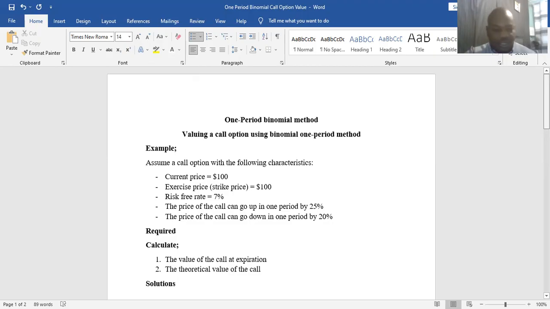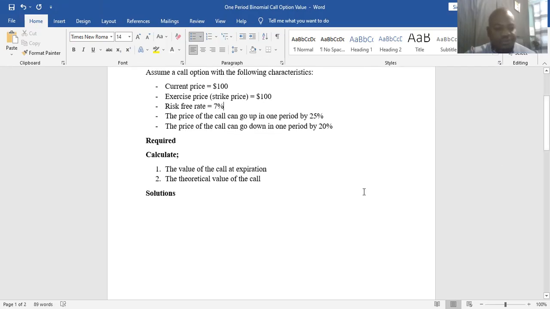All right, let's look at the requirement. Required, calculate the value of the call at expiration. So they want the value of the call at expiration. And then the second question says, calculate the theoretical value of the call option.